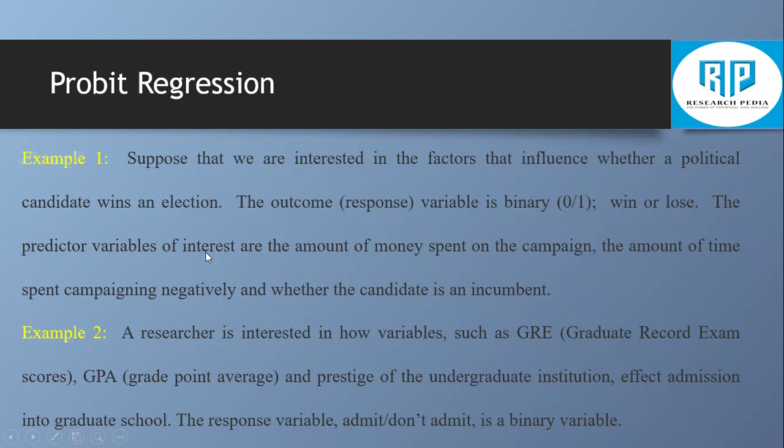The predictor variables of interest are the amount of money spent on the campaign, that is your first independent variable, the amount of time spent campaigning negatively, your second independent variable, and whether the candidate is an incumbent, which means he is already holding some political office. This is the third independent variable. So we are going to base our prediction on these three independent variables.